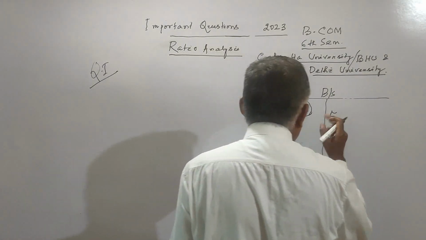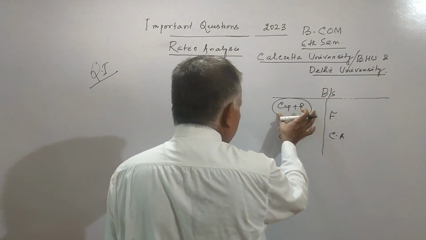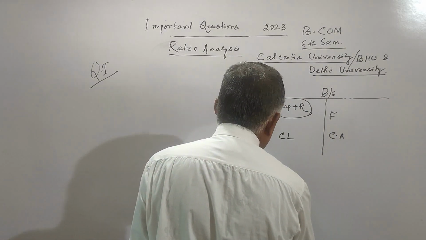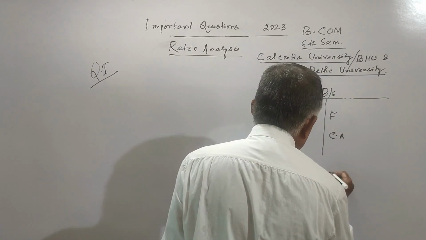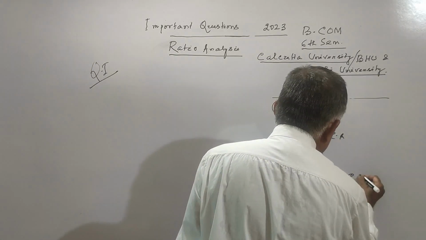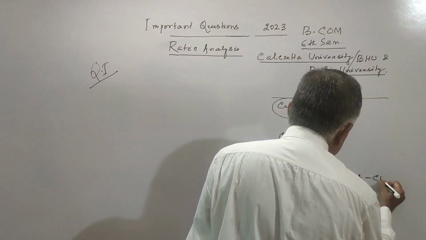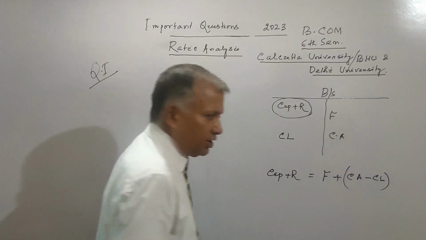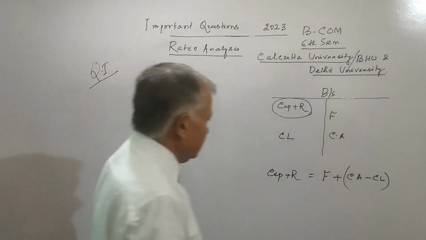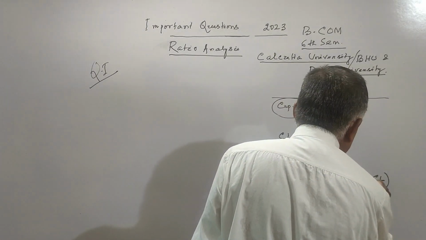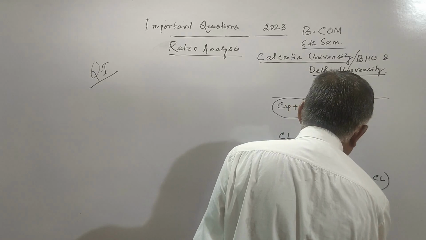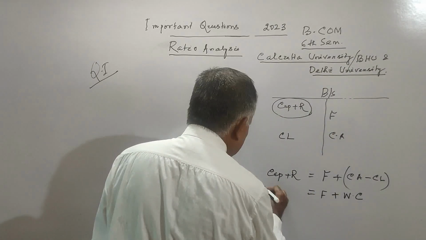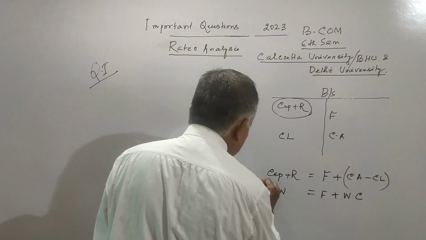How to find out this net worth? We can find out capital plus reserve, this is equal to fixed asset plus current asset minus current liability. This is the accounting equation, right? So this current asset minus current liability is called your working capital, and this is your net worth.